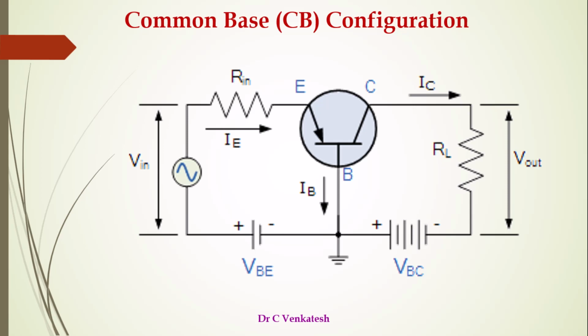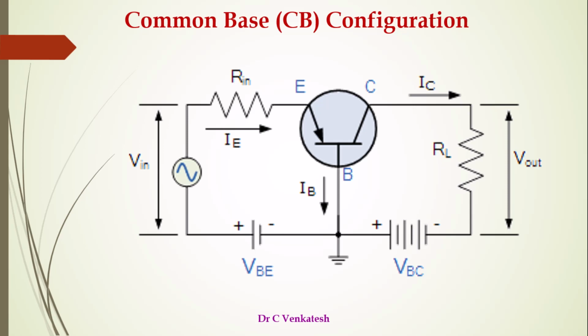Common base configuration, as its name suggests. In the common base or grounded base configuration, the base connection is common to both the input signal and the output signal. The input signal is applied between the transistor's base and the emitter terminals, while the corresponding output is taken from between the base and the collector terminals as shown in the figure.